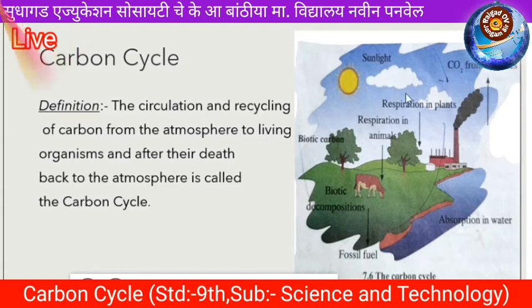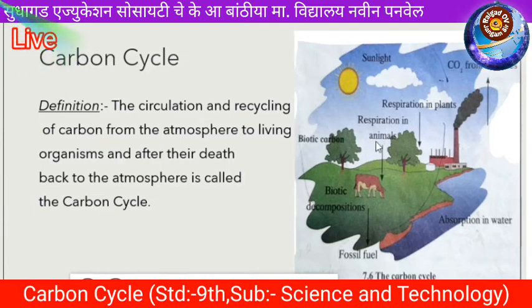From the factories, carbon dioxide is released into the atmosphere, and by the process of respiration of plants and animals, carbon dioxide is again released into the atmosphere. This carbon dioxide is taken by green plants, and in the photosynthesis process they convert carbon dioxide into carbohydrates.